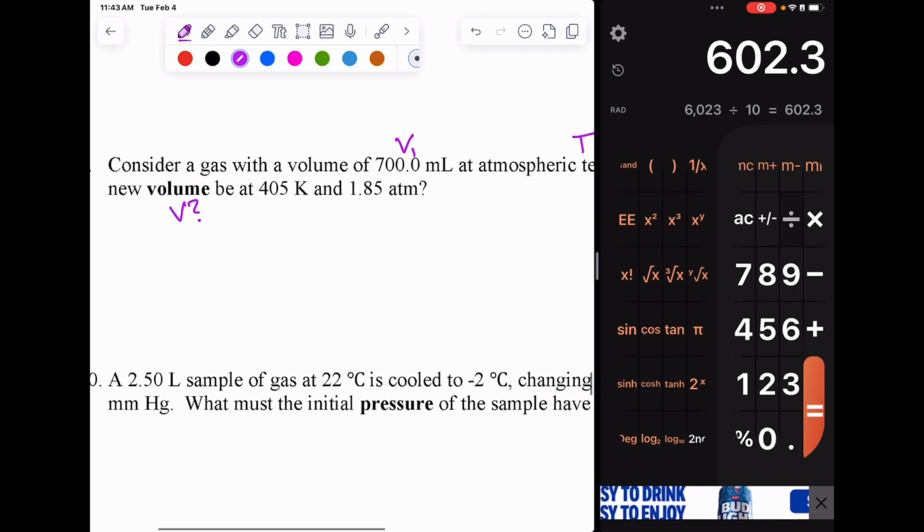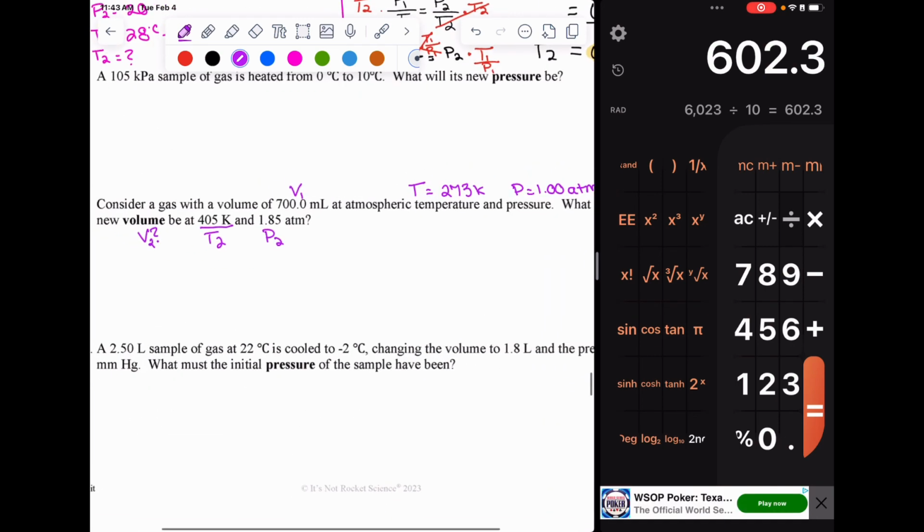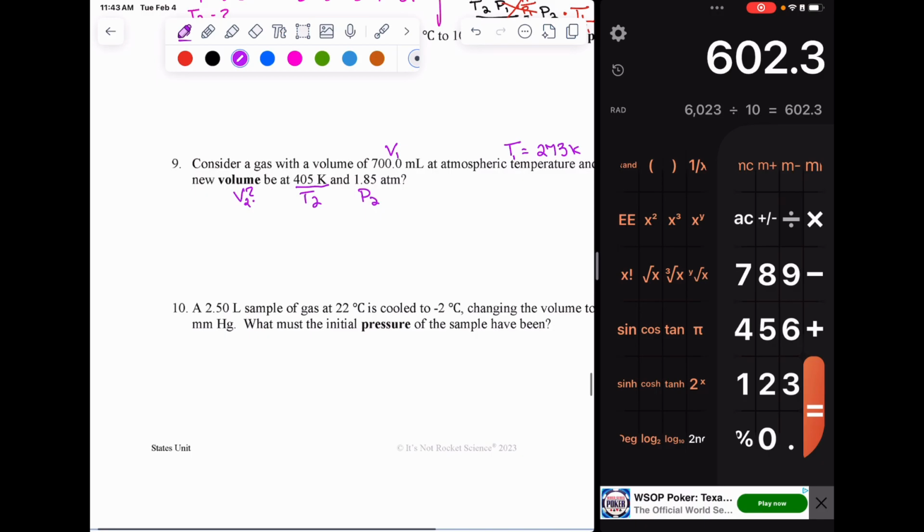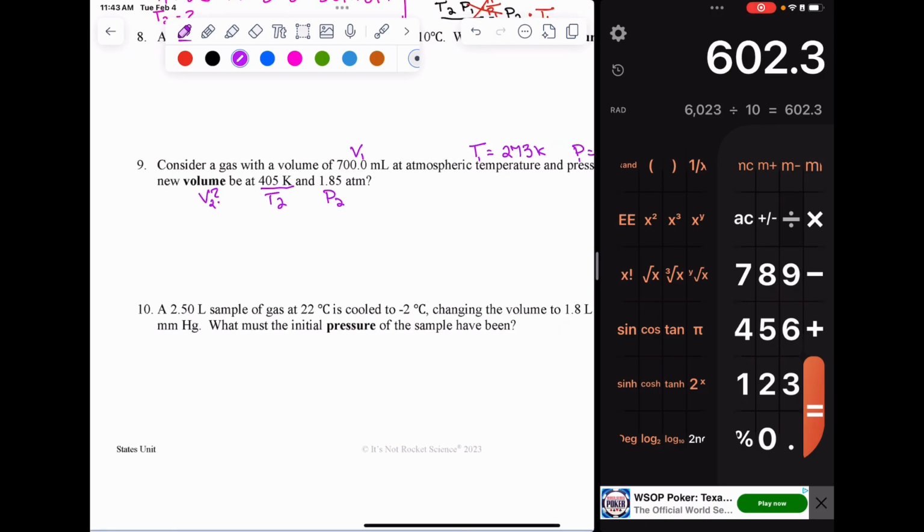All right. And it's also giving, so this is our second volume. This is our second temperature. And this is our second pressure. I was confused for a second. All right. So we have V1, T1, P1. And we're looking for V2. So V1 is 700.